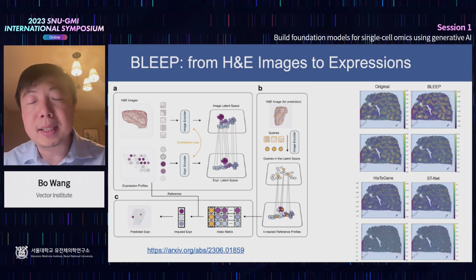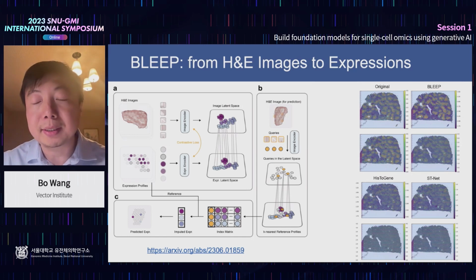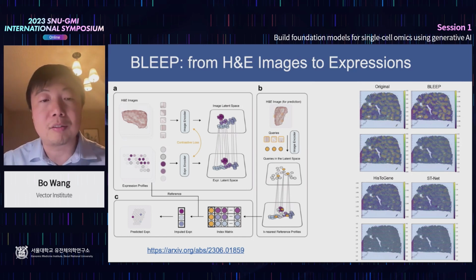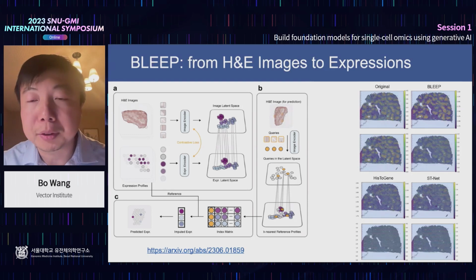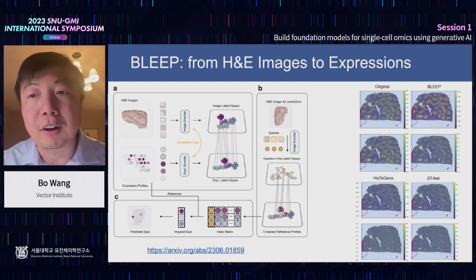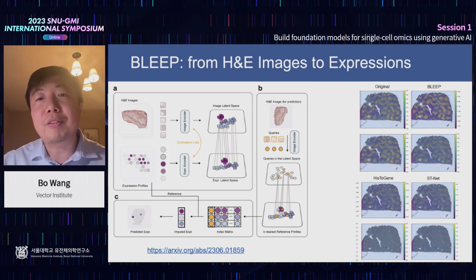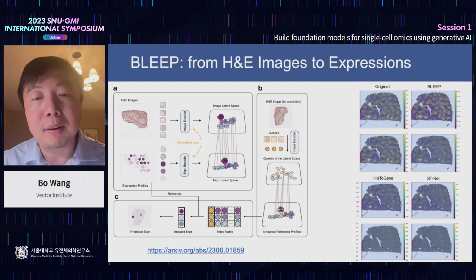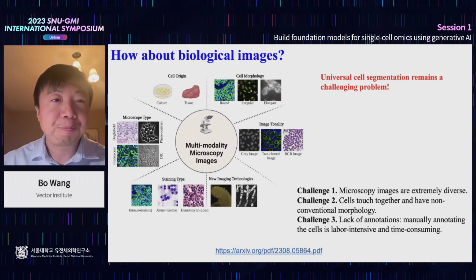We compared with other traditional methods, such as linear models and convolutional neural network-based approaches. We find that BLEEP is the only model that can generate decent correlations between H&E images and gene expression values. However, the accuracy is still not satisfactory.